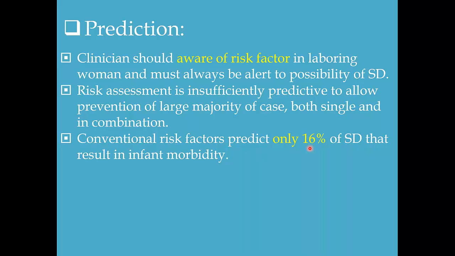Conventional risk factors predict only 16% of shoulder dystocia that result in infant morbidity. So even if you assess the patient and predict the risk factor, only 16% of shoulder dystocia can be prevented.